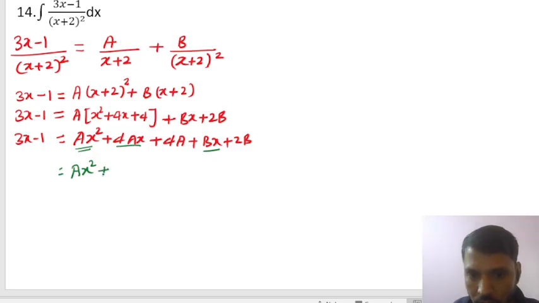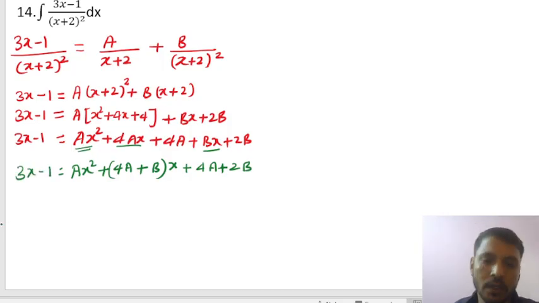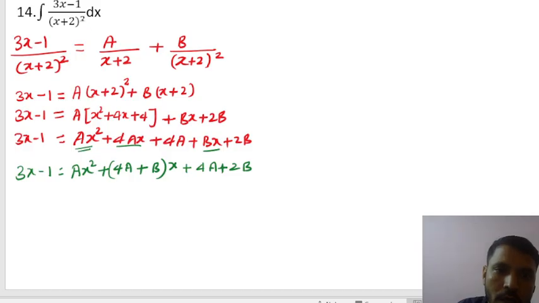That means here we will take 4a plus b together and take x common. And the constant term is 4a plus 2b. And this is equal to 3x minus 1.